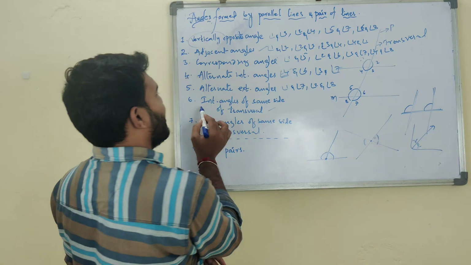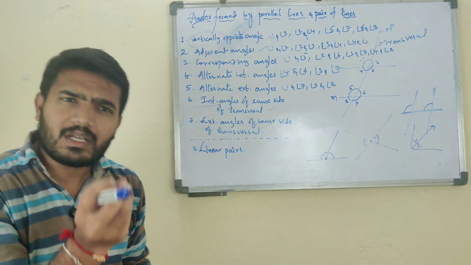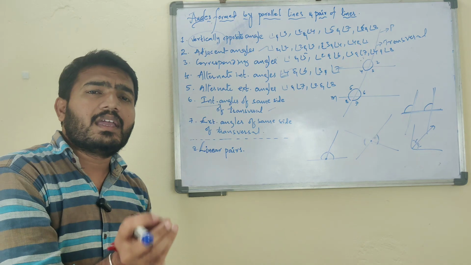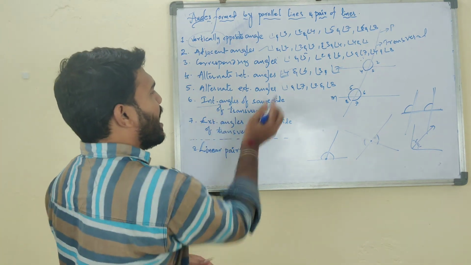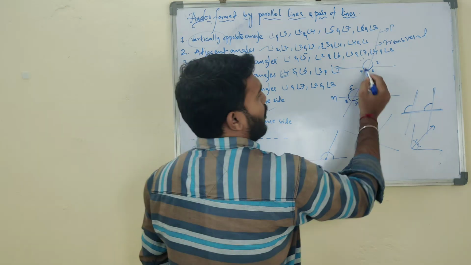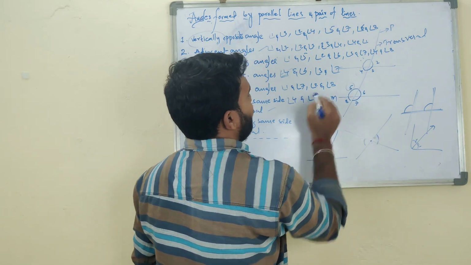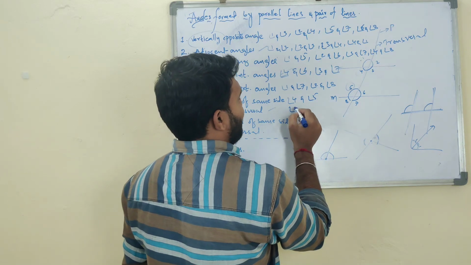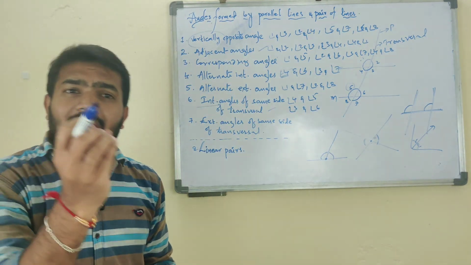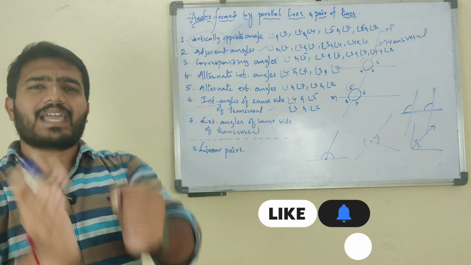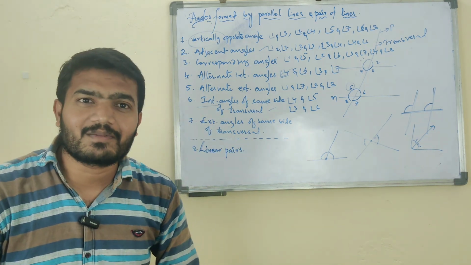So similarly, here also interior angles of the same side of transversal. Whatever angles are formed inside the parallel lines are interior angles, and on the same side, for example angle 4 and angle 5, next angle 3 and angle 6. These are the angles which are formed inside and on the same side of the transversal. Hence, they are called interior angles of the same side of transversal.